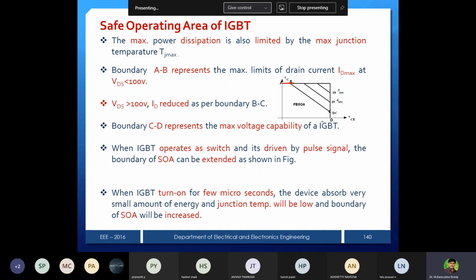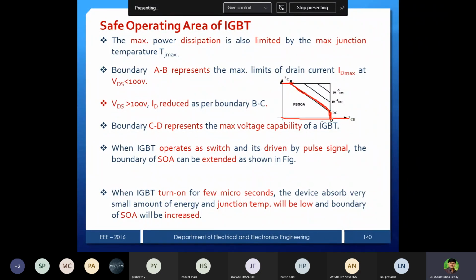When VDS is greater than 100 volts, the ID boundary reduces, because we applied more voltage. And boundary CD represents the maximum voltage capability of the IGBT. Because the x-axis represents voltage, this point is the maximum voltage capability of the IGBT.